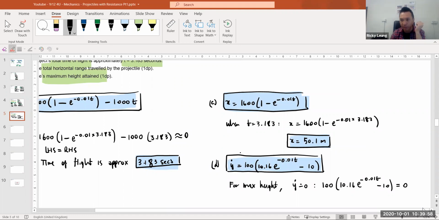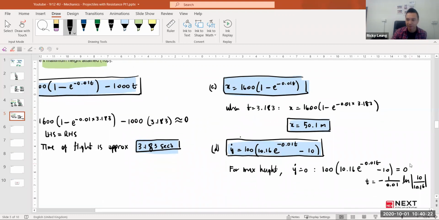So the 100 is gone, 10 over. You can make t the subject, and it'll be 100 ln of 10 on 10.16, I believe. You punch that into your calculator and you should get time.